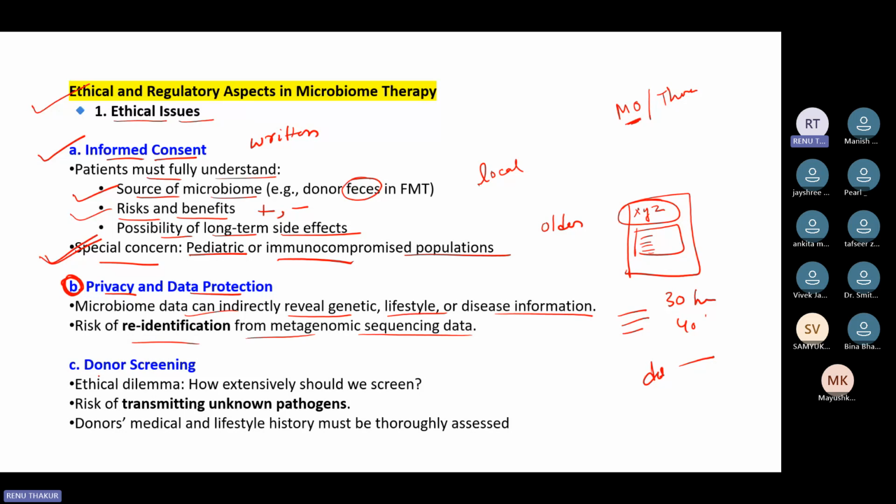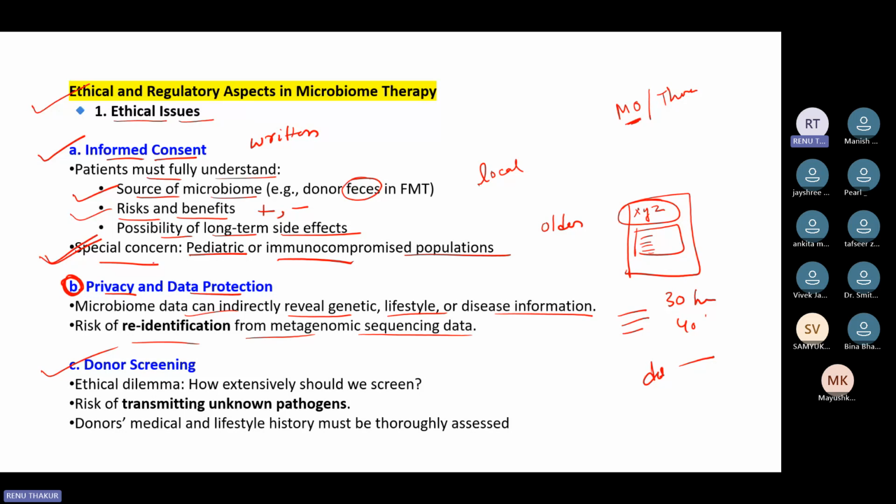So now, donor screening. Screening means, if you have five donors who are willingly giving their feces for fecal microbiota transplantation, how can you choose which of the five to take the feces from: 1, 2, 3, 4, or 5?